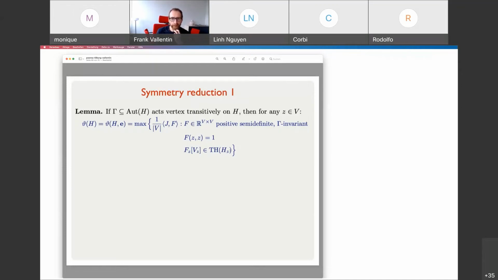And secondly, this condition here is the replacement of the condition that f_xy is equal to 0 if x and y form an edge. But because we work with hypergraphs, of course, we need something else. And something else is really talking about the links and then having that this vector is in the theta body of the link hypergraph H_z.